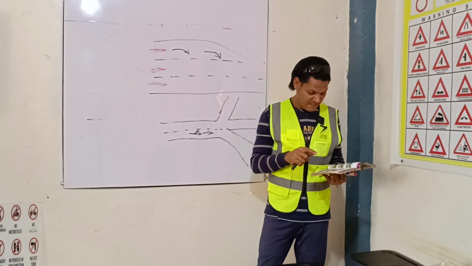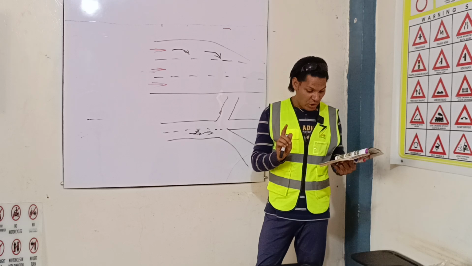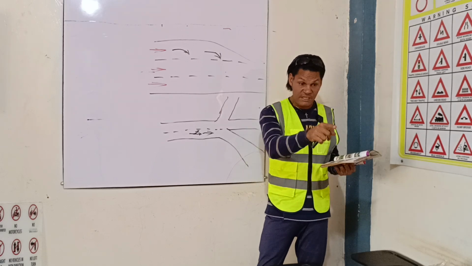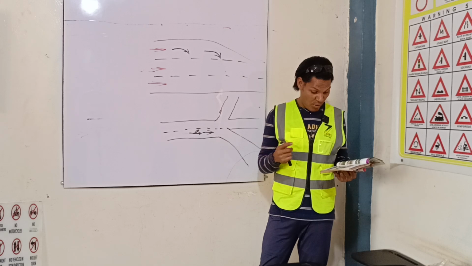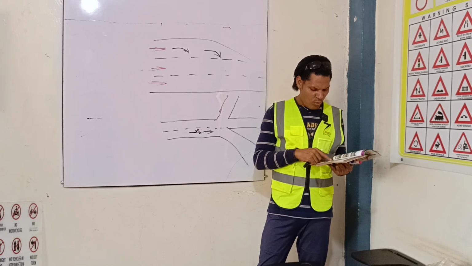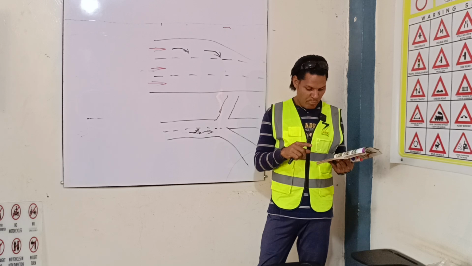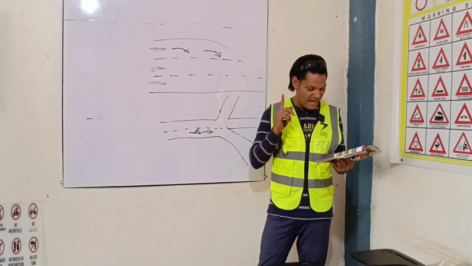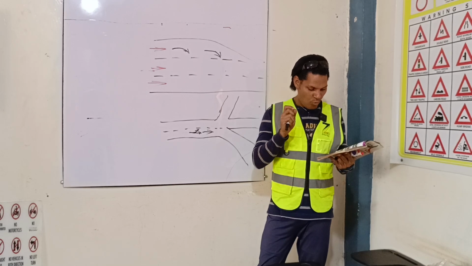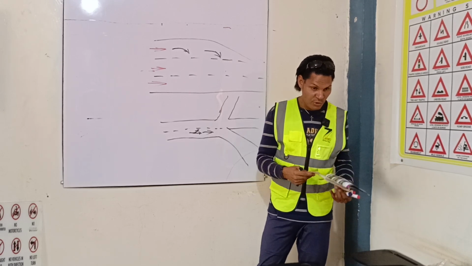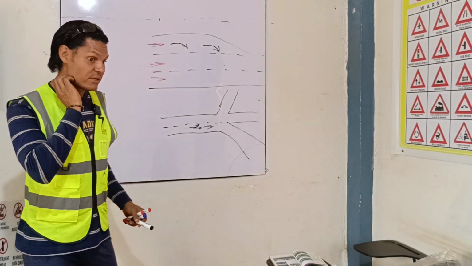You are the one to know where you are going. When 2 lanes indicate the same direction, position yourself in the right-hand lane. Do not change lanes once you have chosen your direction. You hear that it says do not change lanes. Okay.